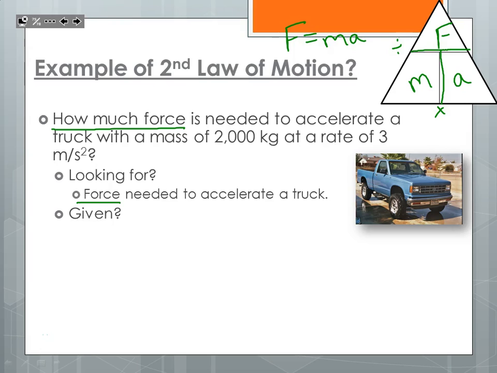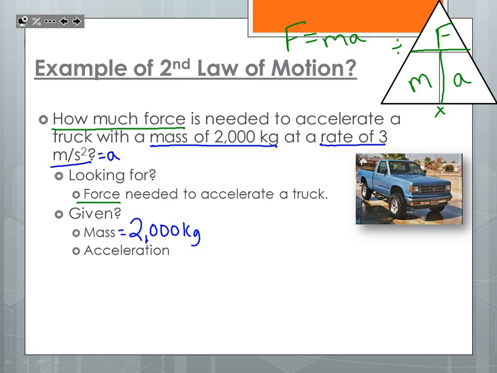It tells me that the mass of the truck is 2,000 kilograms and it is moving at a rate of 3 meters per second squared, and we know that is acceleration. So we're given mass and acceleration: our mass equals 2,000 kilograms, and our acceleration equals 3 meters per second squared.